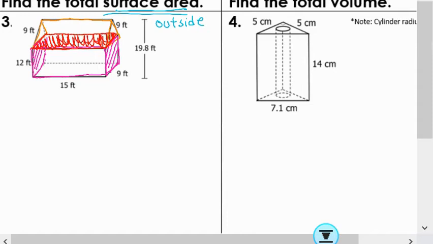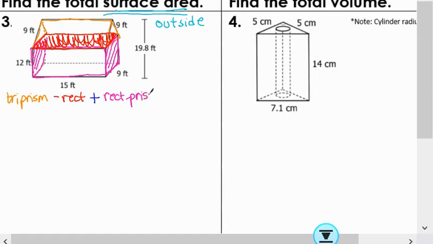So the parts of this triangular prism that are included are the surface area of the triangular prism minus that one side, which is a rectangle. Then I'm going to add to that the surface area of the rectangular prism.